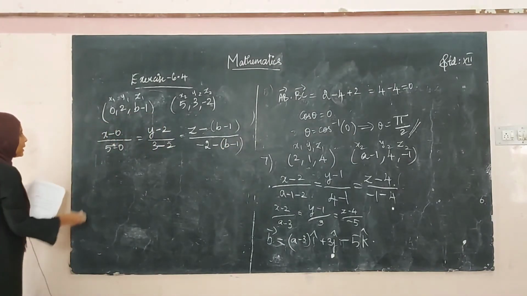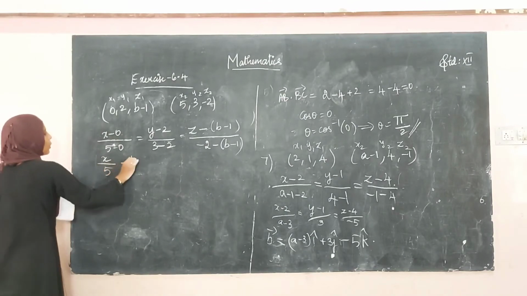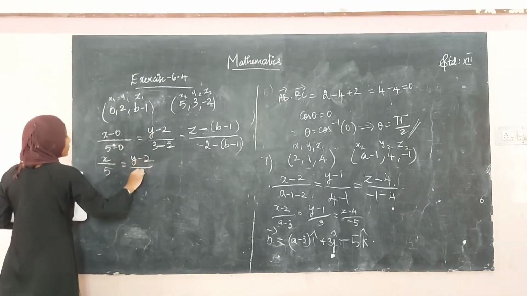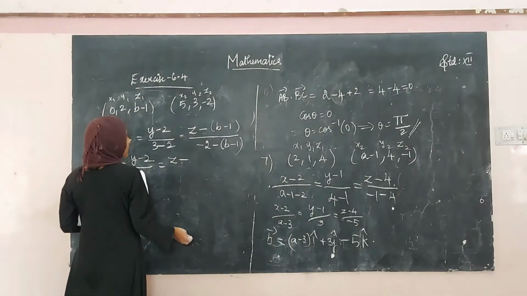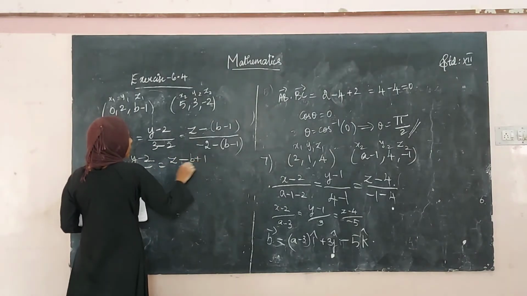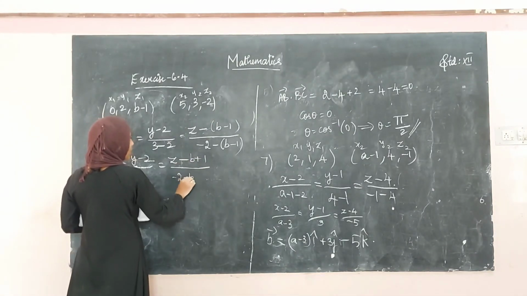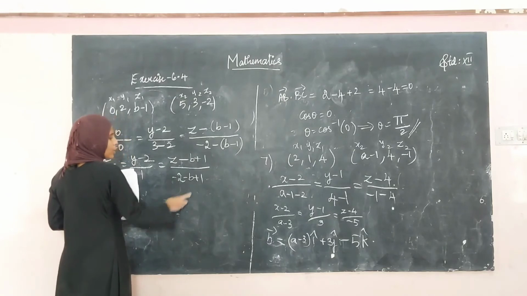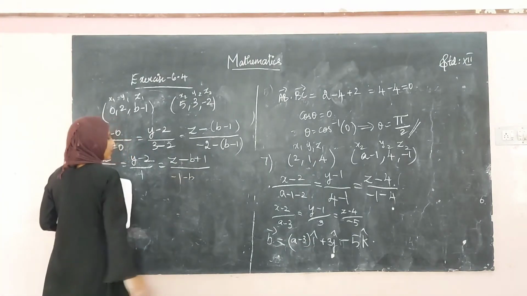Now solve this. x minus 0 is x, 5 minus 0 is 5, y minus 2 divided by 3 minus 2 is 1, equal to z minus b plus 1 divided by, here it will be minus 2 minus b plus 1. So minus 2 plus 1 is minus 1, minus 1 minus b.